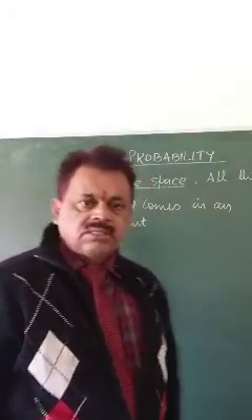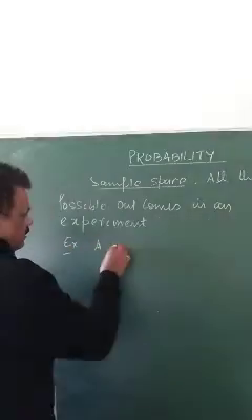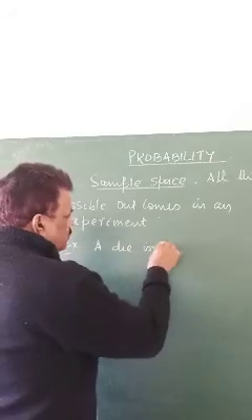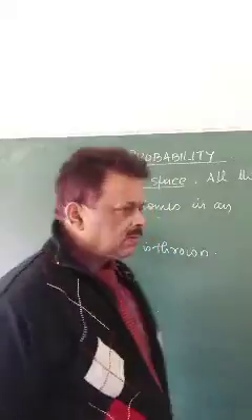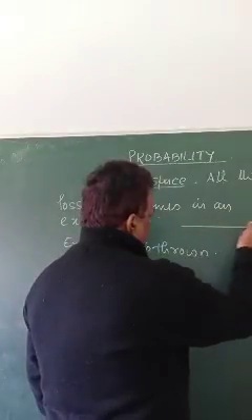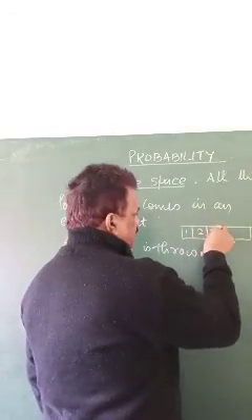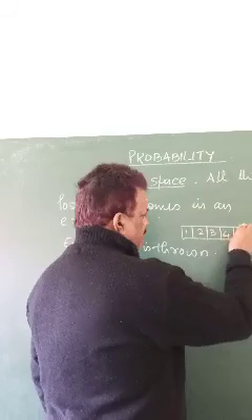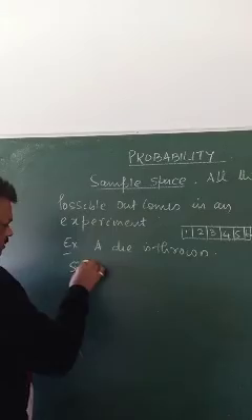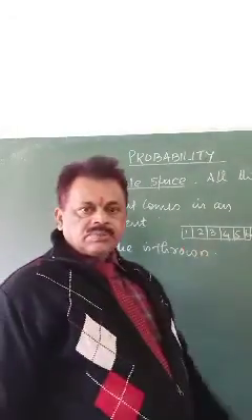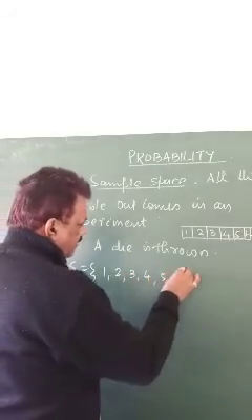Okay, to understand that, suppose, for example, a die is thrown. What are the faces you find in a die? 1 is there, 2 is there, 3 is there, 4 is there, 5 is there, 6 is there. So the sample space will be all the possible outcomes, meaning 1, 2, 3, 4, 5, 6.